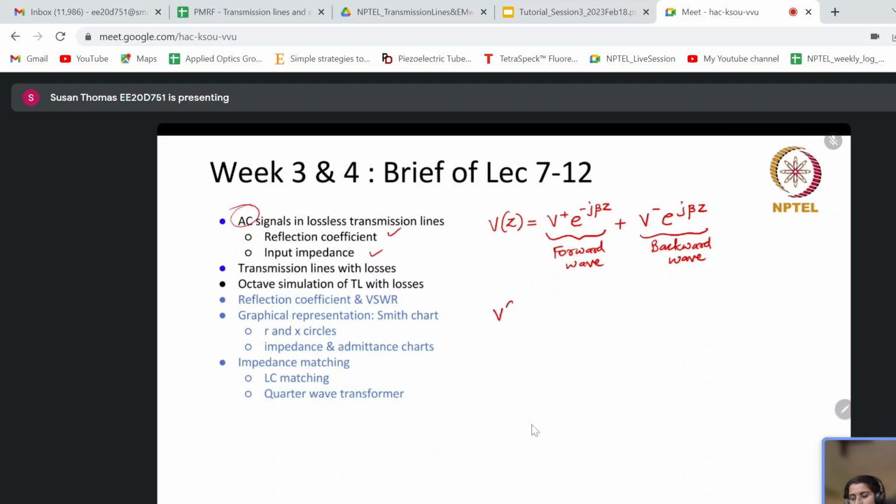Here if you write it in time domain form, we can write this as real part of modulus of V plus e power minus j beta z e raised to j omega t.